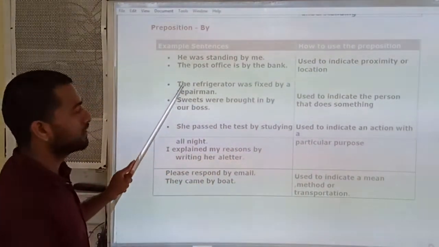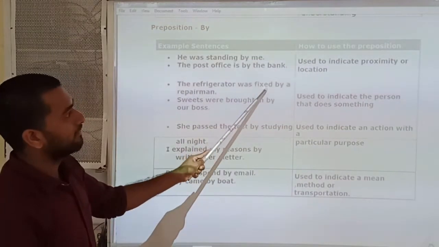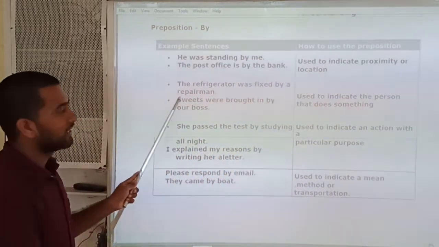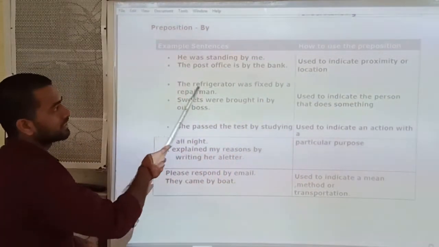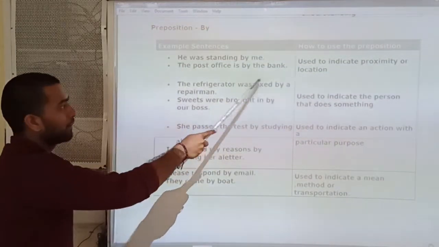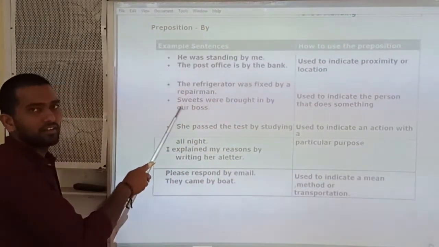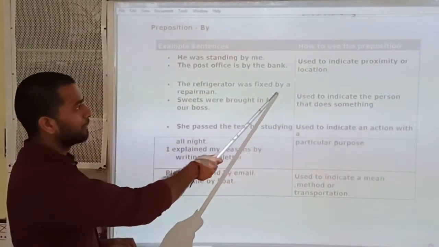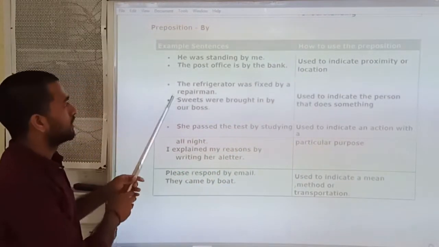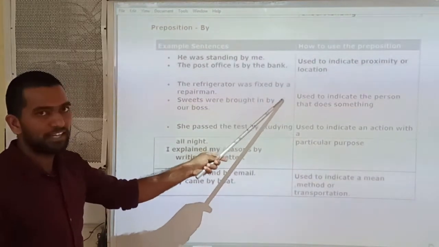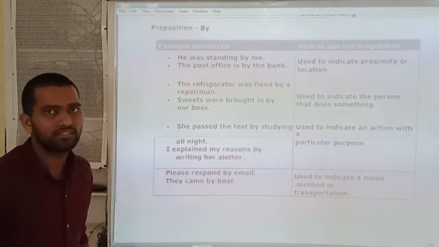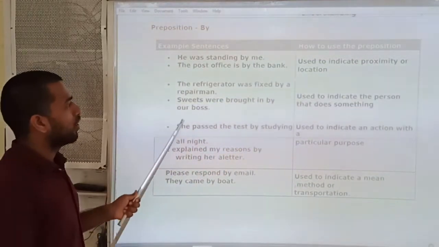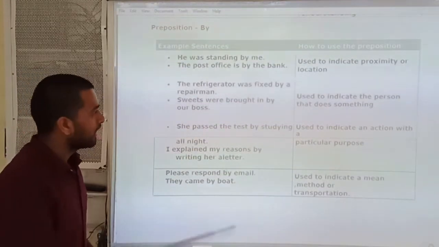Look at this example: the refrigerator was fixed by a repairman. It means something has been done by some person. So when there is a passive voice sentence, we use the preposition by. Next, sweets were brought in by our boss. Who brought the sweets?